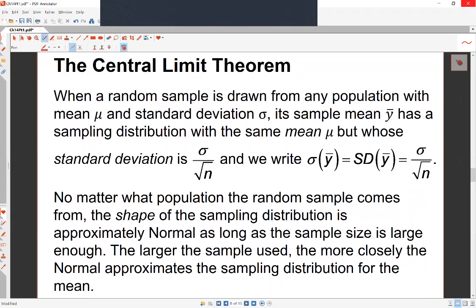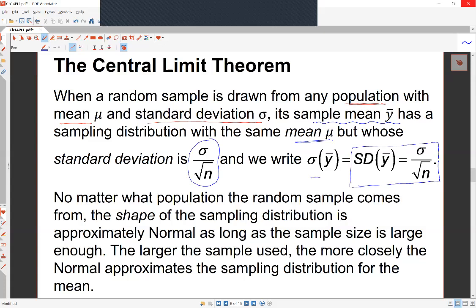It tells us if we start with a population that has a mean of mu and a standard deviation of sigma, and from that population we now take a sample and we calculate the mean of that sample, y bar, then the sampling distribution of the sample mean is still going to have a mean of mu, and it's going to have a standard deviation given by sigma over square root of n. That we also refer to as the standard deviation of the sample average.